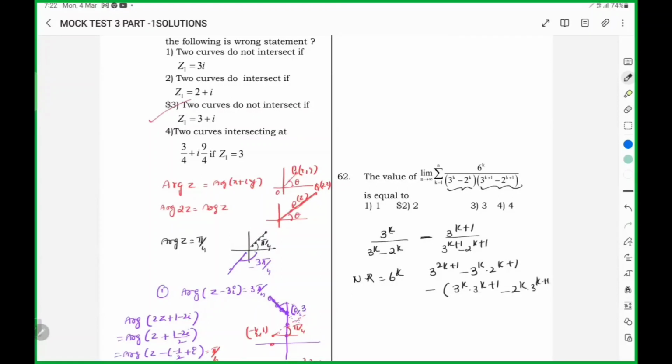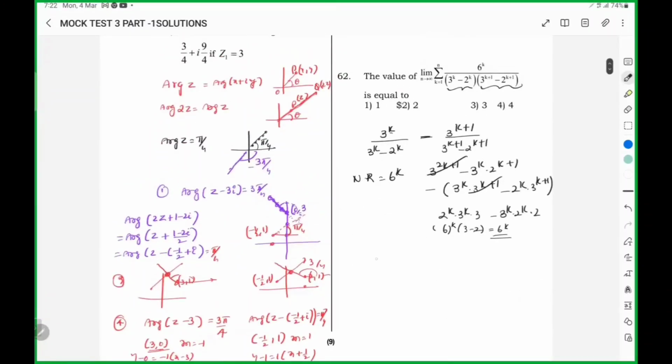This gets cancelled out. So 2 power k, 3 power k into 3 minus 3 power k, 2 power k into 2, so 6 power k into 3 minus 2, which is 6 power k. Right?